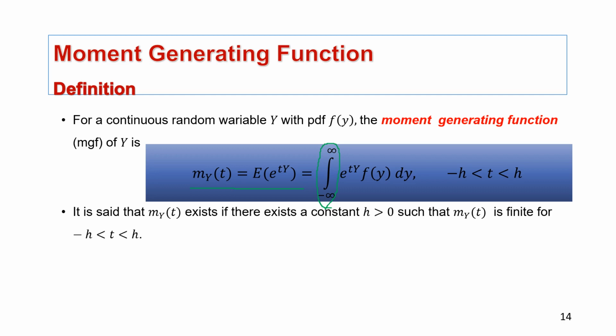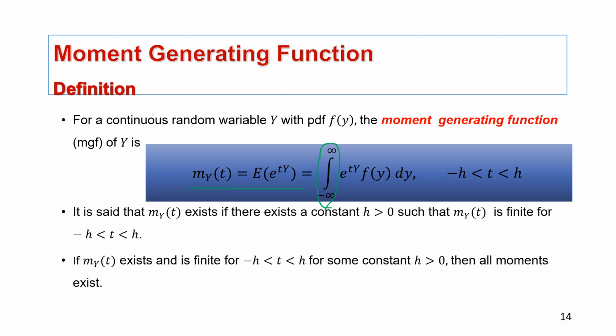Here we will assume that for a certain constant h, M_y(t) exists, such that the moment generating function is finite for t that lies in this interval.